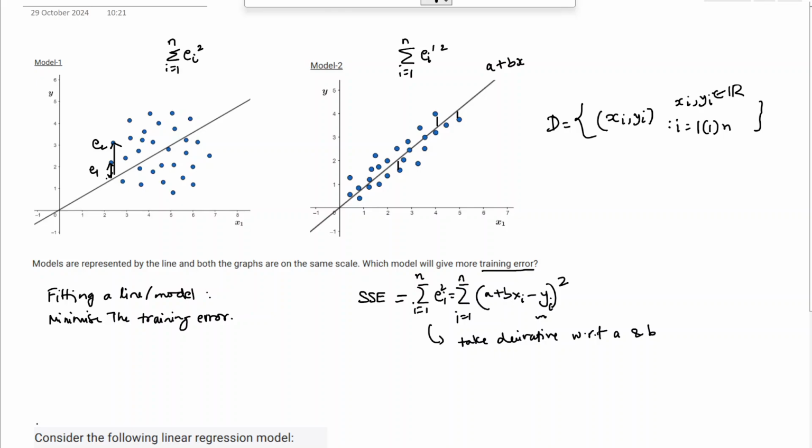Now we can observe that on average ei prime square is less than ei square. So we can say that the training error of model 1, this is model 1 and this is model 2, is greater. So model 1 will have a greater training error. So the answer is model 1. Okay.